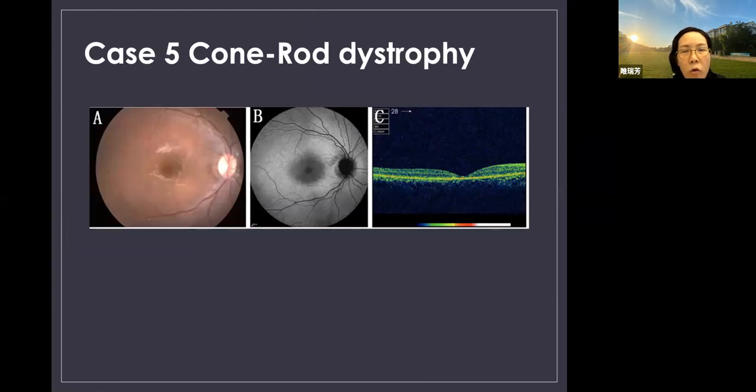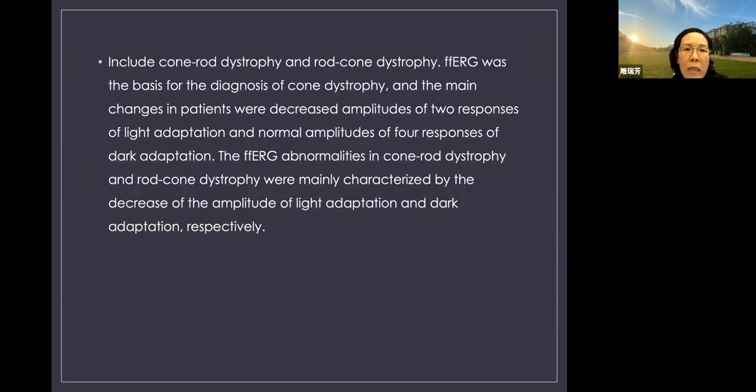This case is a cone rod dystrophy. Cone rod dystrophy is sometimes difficult to diagnose, because if we record a macular OCT and see thinning of the retina, we do not know if this patient has a macular dystrophy or a cone rod dystrophy. We need to record FFERG.